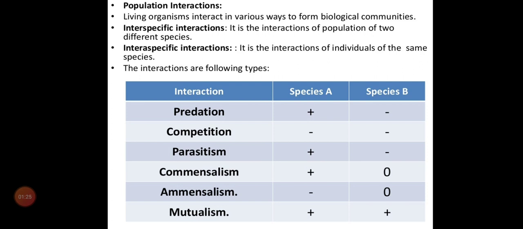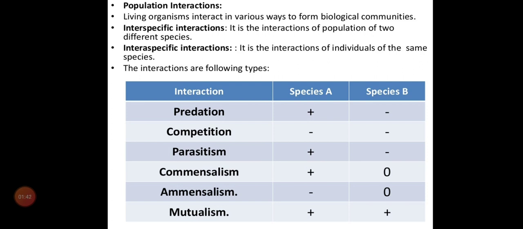And here there are two interactions. One is interspecific interactions. Another one is intraspecific interactions. Interspecific means interaction of populations of two different species. Inter means between.